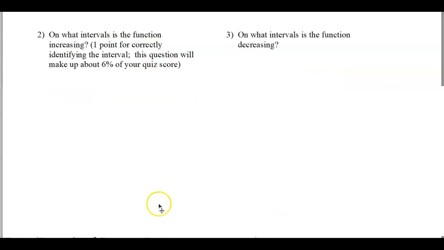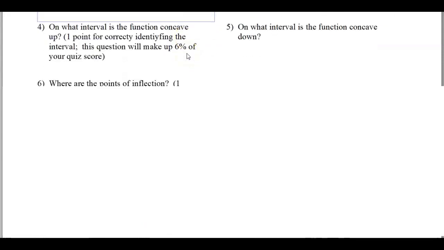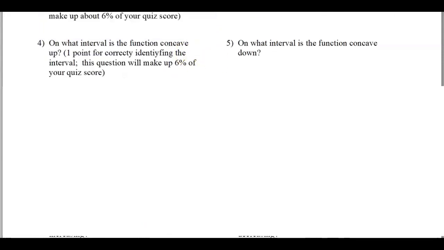All right, let's go ahead and take a look at number 4. On number 4, I'm asking you, on what interval is the function concave up? Well, to do this, we need to look at our second derivative. Let's remember what the original function was really quick.